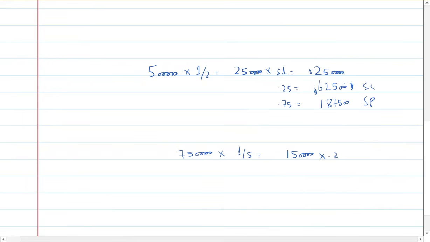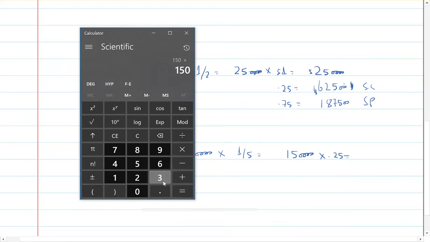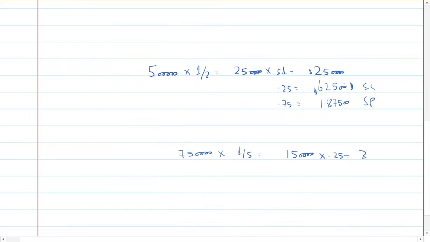This is the minimum value, the par value of the shares. It becomes 37,500. So it is added to share capital and deducted from share premium.